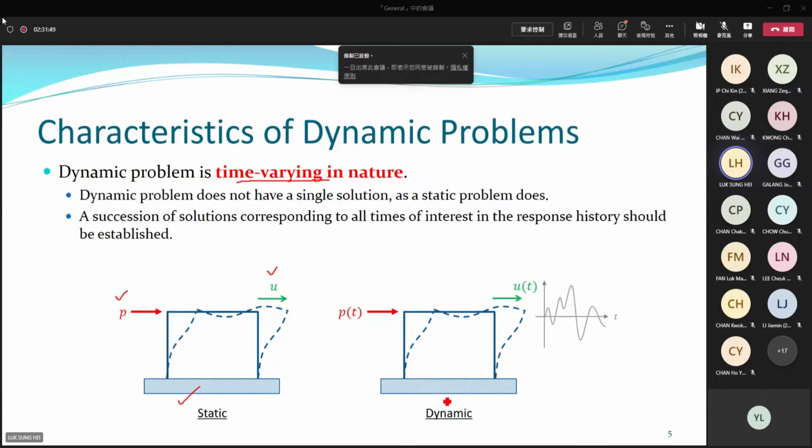But for a dynamic problem, the force changes with time. Mathematically, you can call this a function of time. This bracket means the force is a function of time, depending on time. One classical example is that the force can be a sine function, a constant, maybe I call this A, times a sine function.